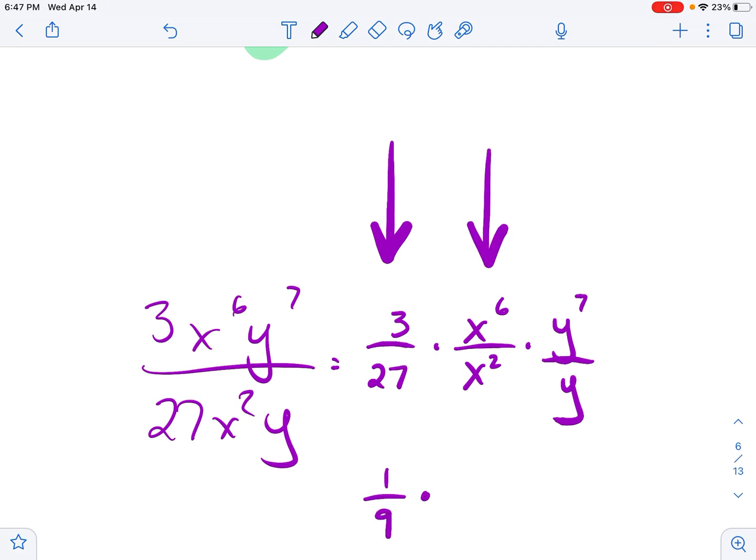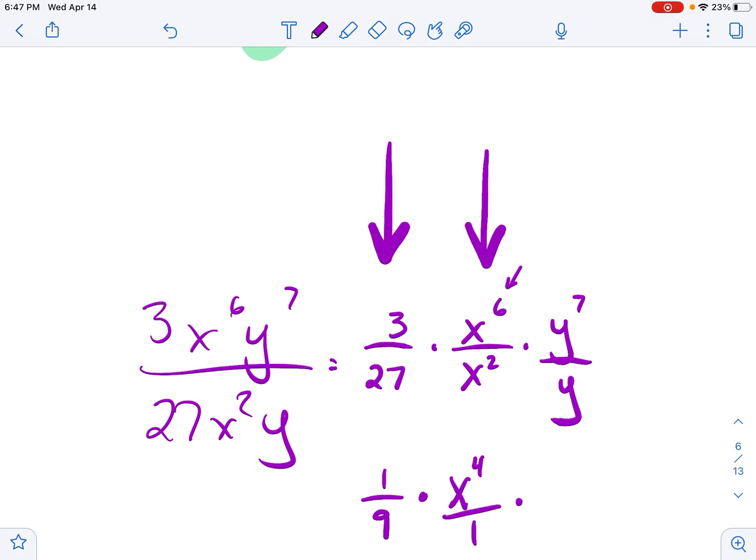Now let's look at x to the 6th over x squared. So whichever has the greater value, that's where my number is going to end up. So I'm going to subtract them. The difference is 4, and because this is the greater value, I'm going to have x to the 4th in the numerator. And then y to the 7th over y, well, that makes sense. I could just have y to the 6th over 1.